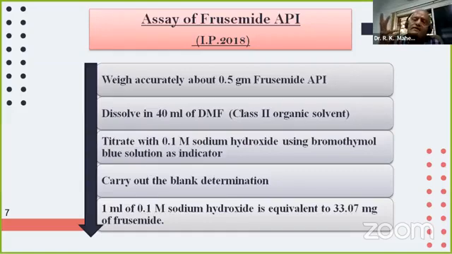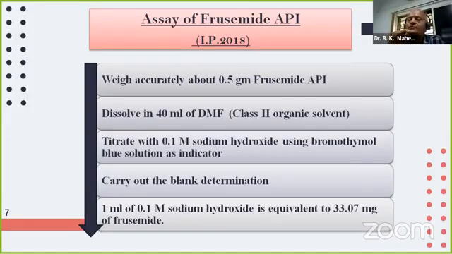When you get a clear solution, a few drops of bromothymol blue indicator are added, and titration is performed with 0.1 molar NaOH solution. Suppose the reading is V1 ml at the endpoint. Then you will have to carry out a blank determination.